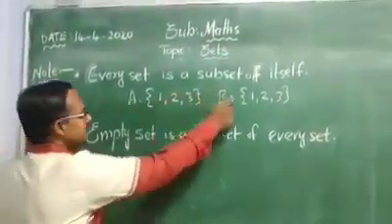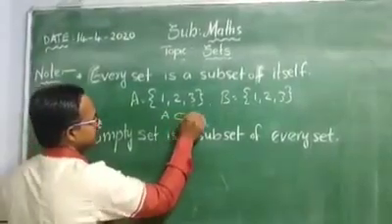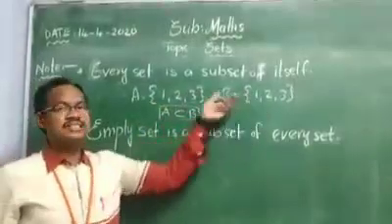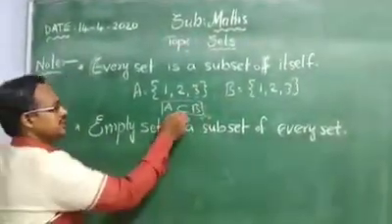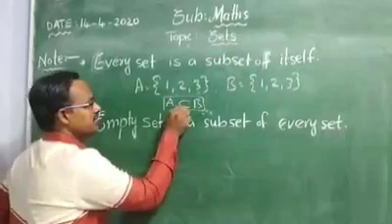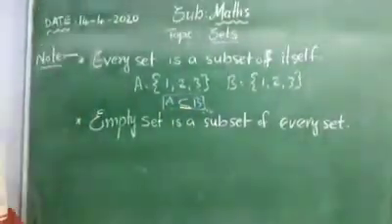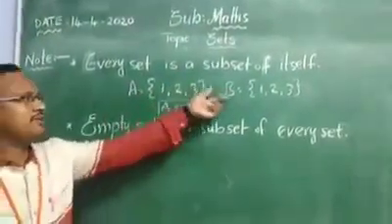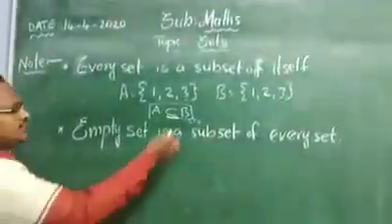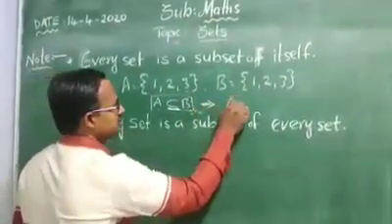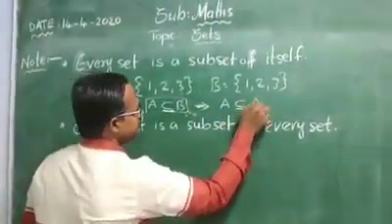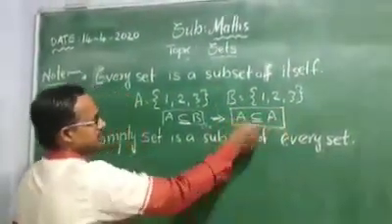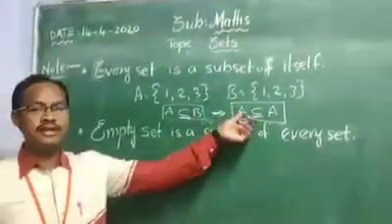That means A is a subset of B. You can observe that both the sets are the same. That means they are not only subsets, they are also equal, which means every set is a subset of itself. Because A and B are equal sets, A is a subset of or equal to A. So every set is a subset of itself.